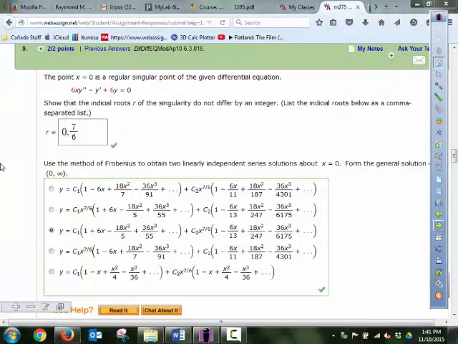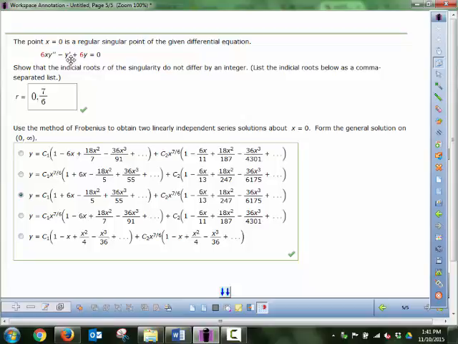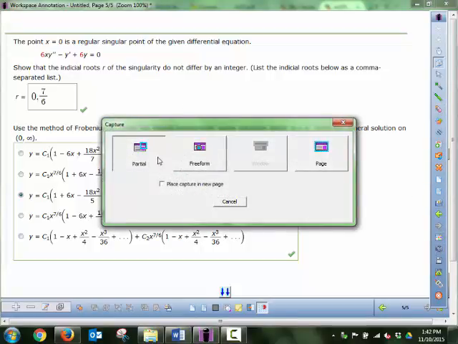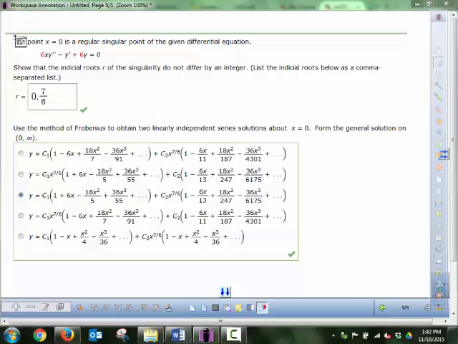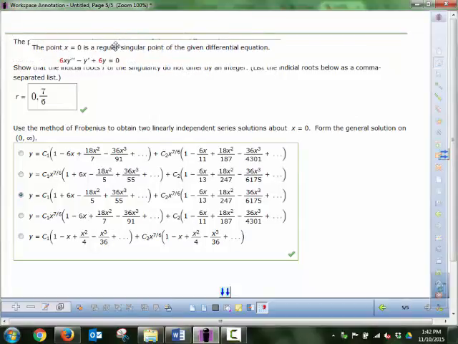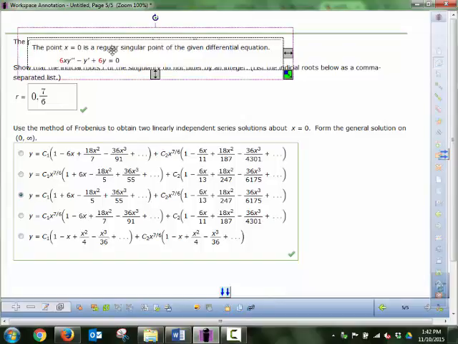So let's take a look at the original problem again and see how you would start it, assuming that you know that you have a singular point.